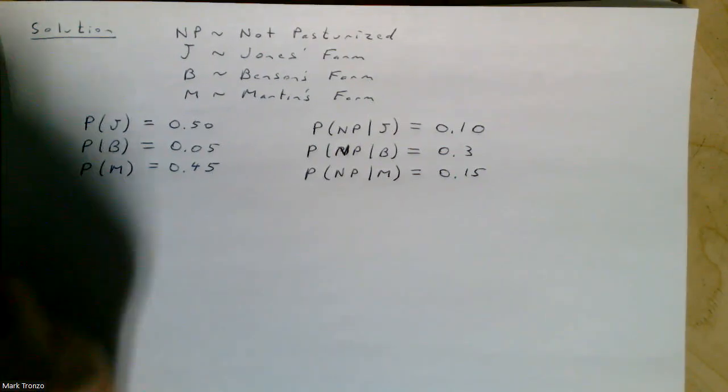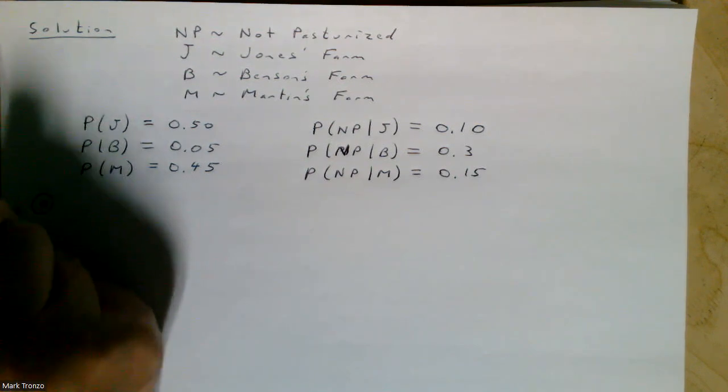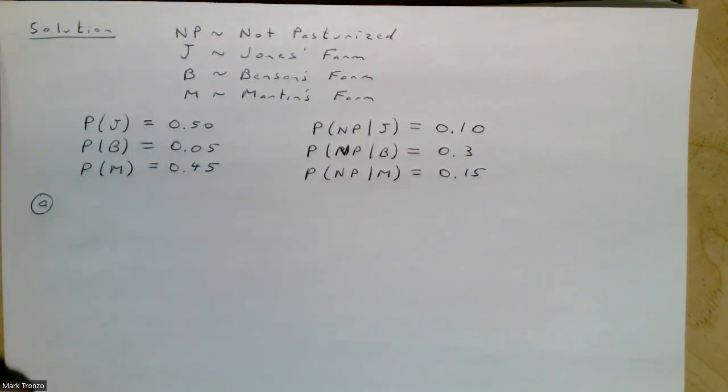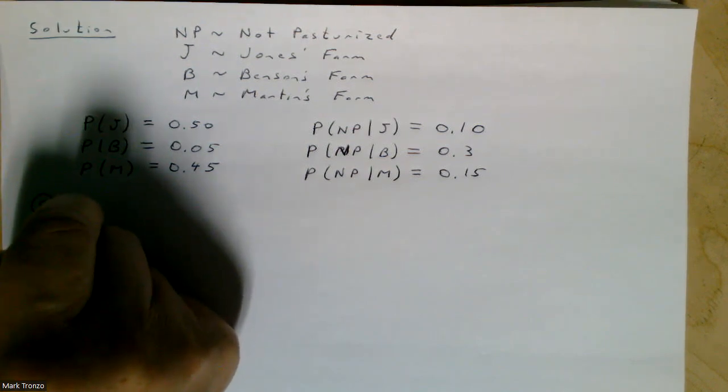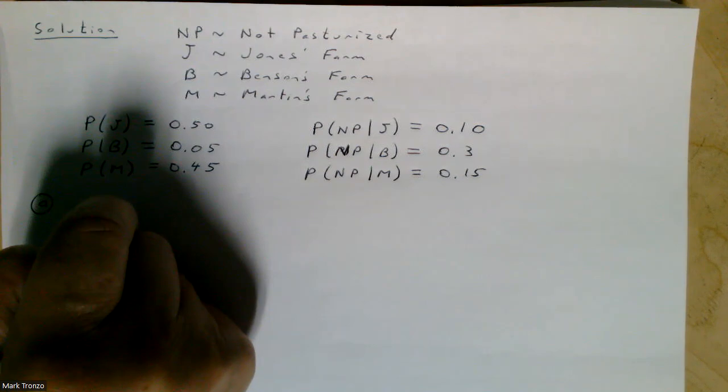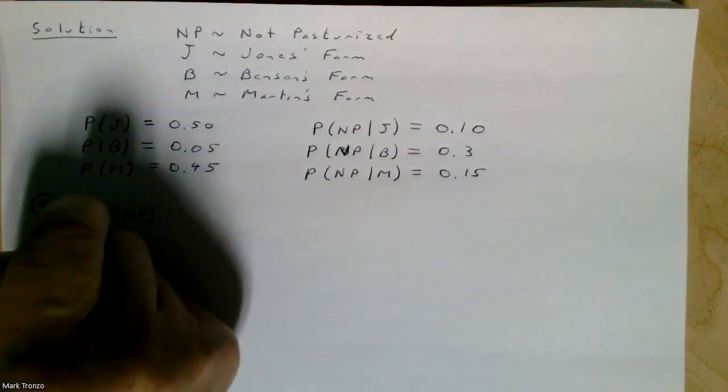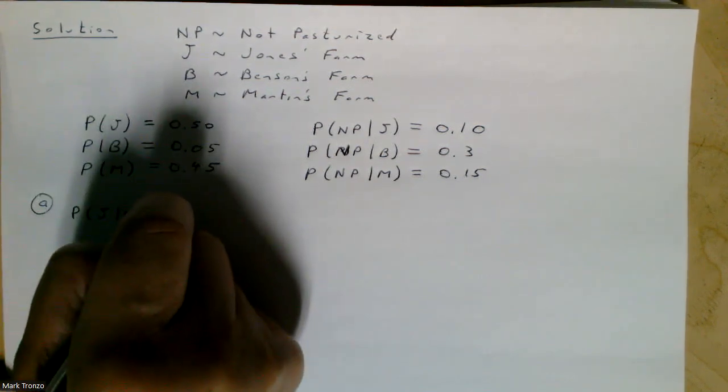Now we can calculate our Bayes. So first one, we know what's the probability that it came from Jones's farm. So again, right now we need to know probability, now we know it's not pasteurized. So given it's not pasteurized, what's the probability it came from Jones's farm?